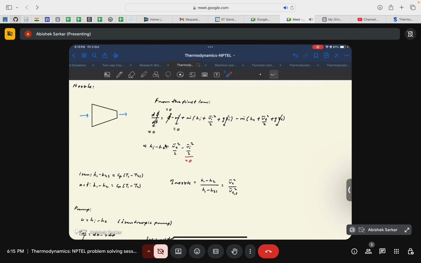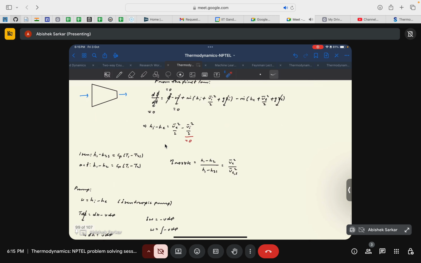Of course, those are the scenarios, but even then the magnitude of the change in the potential energy is usually much lower than the change in the enthalpy and the kinetic energy. That's why we are disregarding it, just for the simplification of the governing equation. So the equation that we are left with is hi minus he is equal to ve squared by 2 minus vi squared by 2.